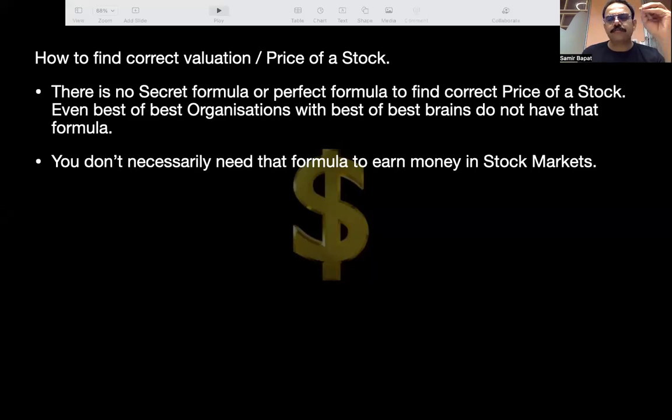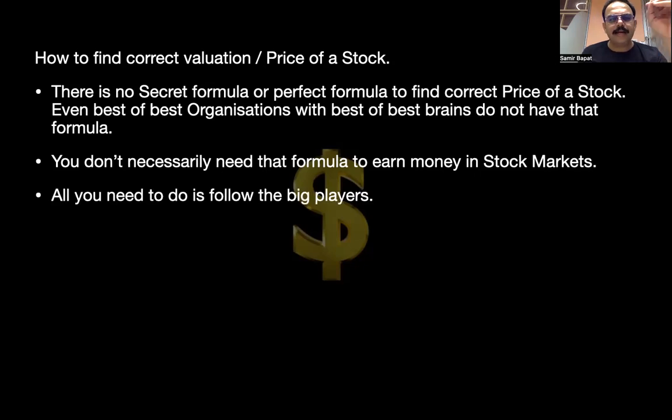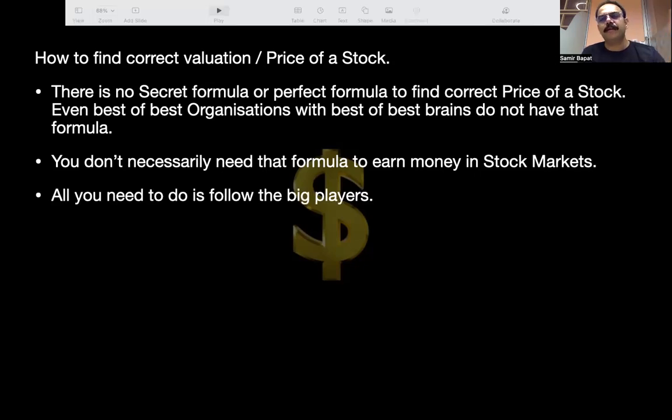What you have to do is, first of all, have a basic idea to identify a decent stock. Don't go and find some penny stock or useless stock which has no prospects of growth in the future. Find a decent stock and follow the big players, what they are doing, where they are buying. You also buy there. The probability of your success will be very high.